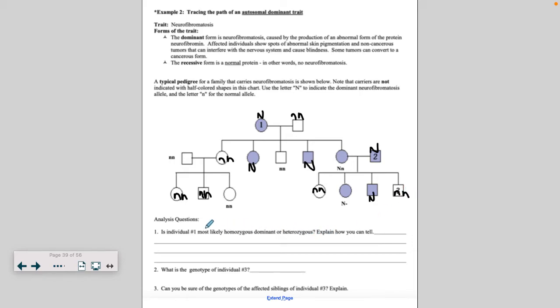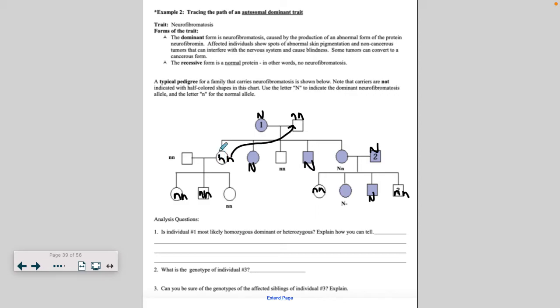Is individual 1 most likely homozygous dominant or heterozygous? So we have to take a look at 1 here. It's a mother. She marries this husband who doesn't have it, and they have 5 kids. 1, 2, 3, 4, 5. We see some kids don't have it at all, so they're little n, and some kids do. Let's take a look at a kid that doesn't have it. Little n. Well, one of them had to have come from dad.